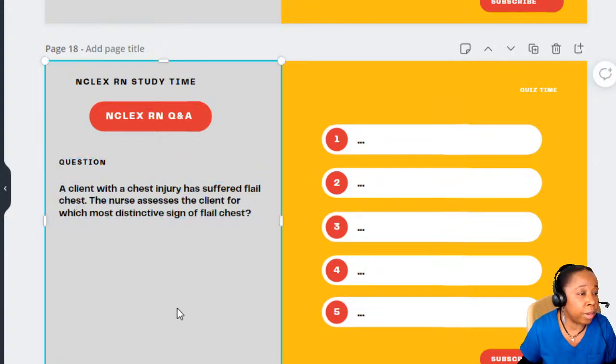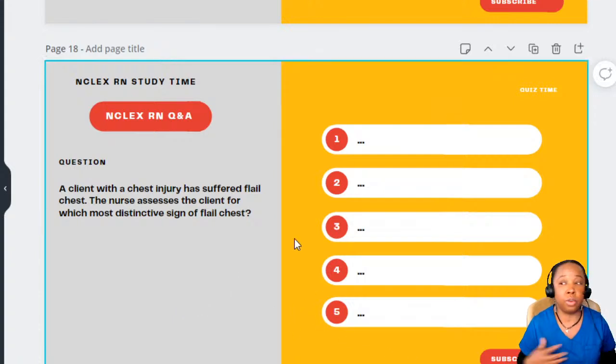A client with a chest injury has suffered flail chest. The nurse assesses the client for which most distinctive sign of flail chest. Flail chest is known when you have, like, mostly patients with COPD or emphysema.